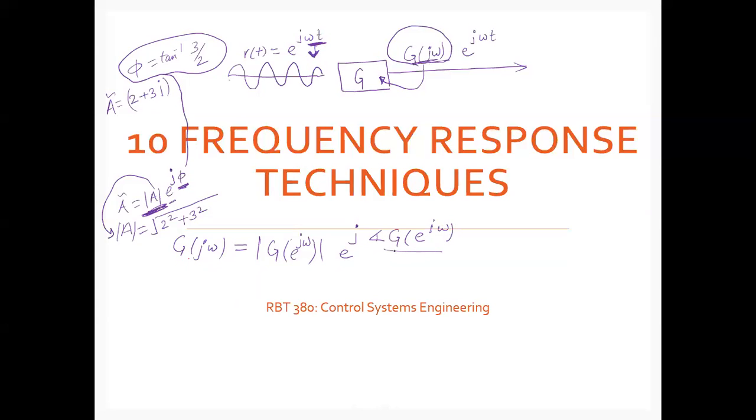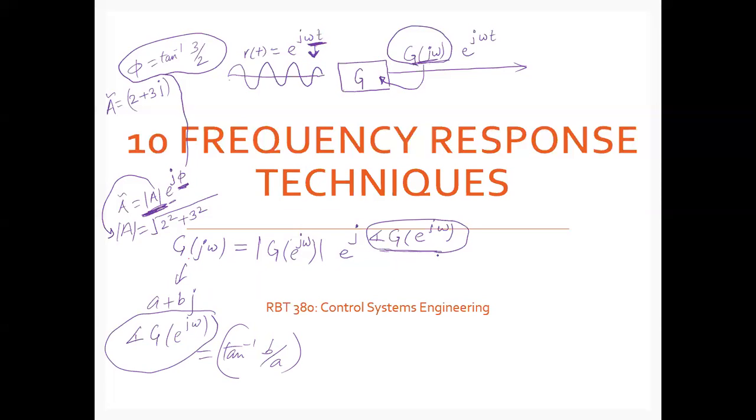Suppose this guy is A plus Bj, then when I say angle of G(e^{j omega}), what I mean is exactly the inverse tangent of B over A. This guy can be written as this, which is this. Does it make sense?